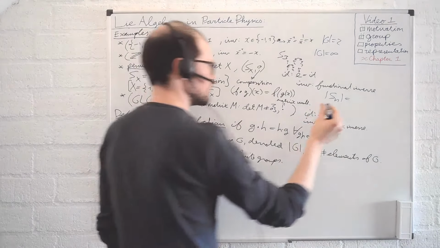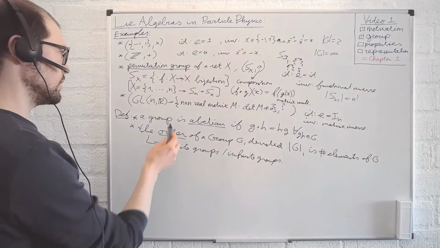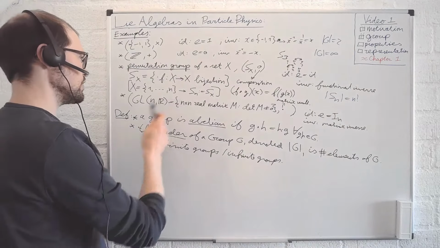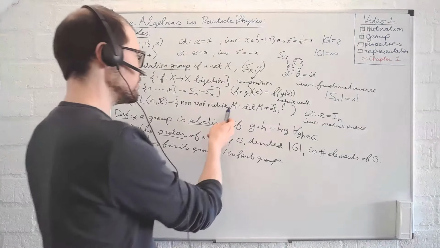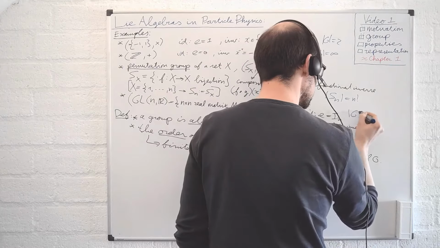But that is just n factorial. And the set of real n by n matrices, well, clearly there are an infinite number of them.